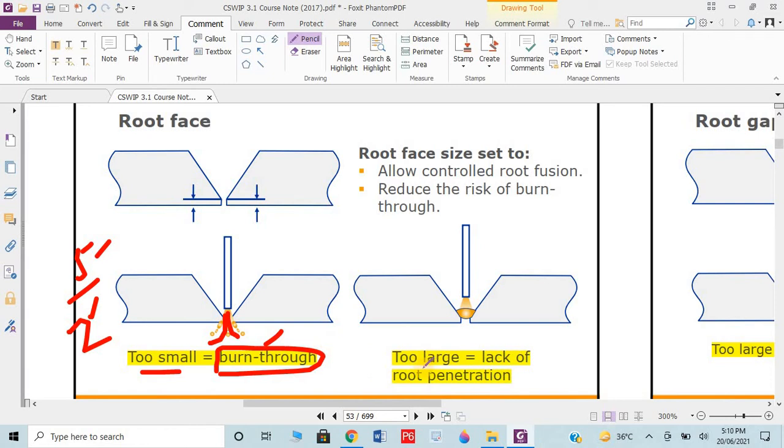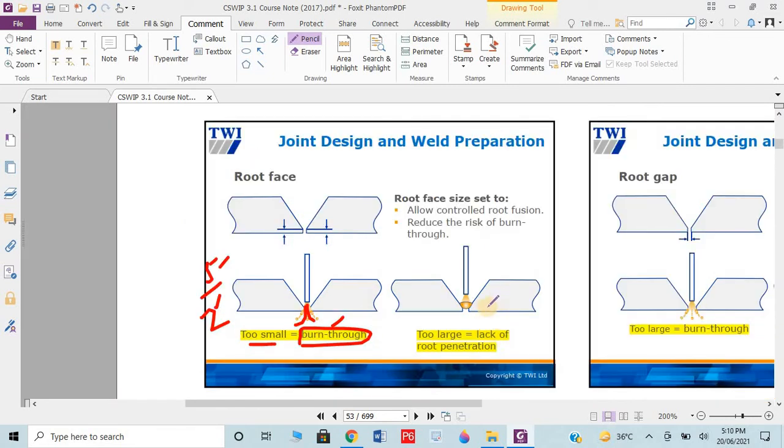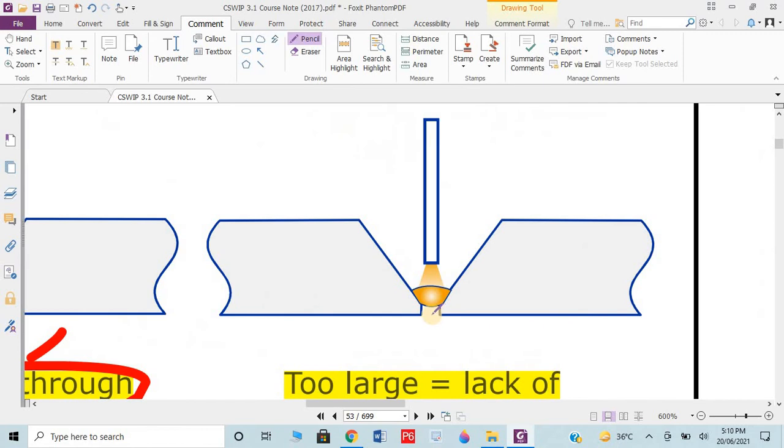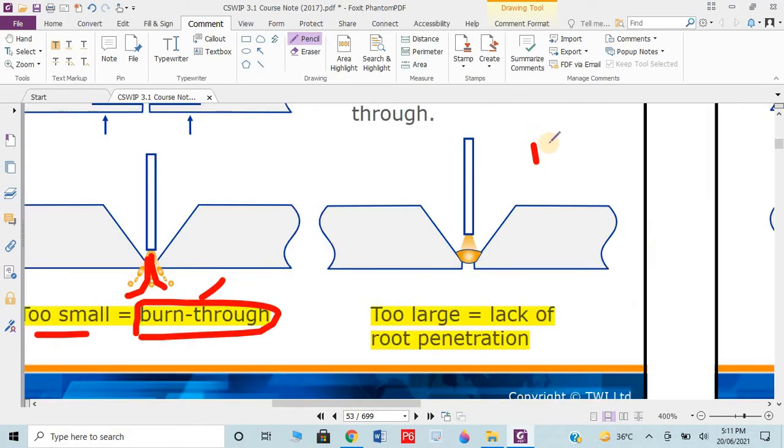But if the root face is too large, right, you can see here, if the root face is required up to here but the root face is up to here, then the weld metal will not penetrate till the bottom. Suppose we require 5 mm but the actual is 10 mm or 7 mm. Then this electrode cannot penetrate the weld metal up to the root.